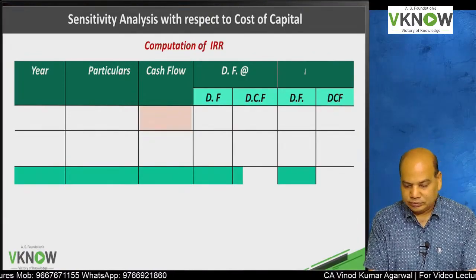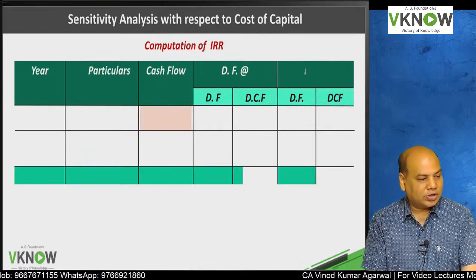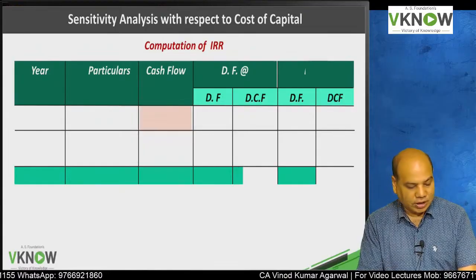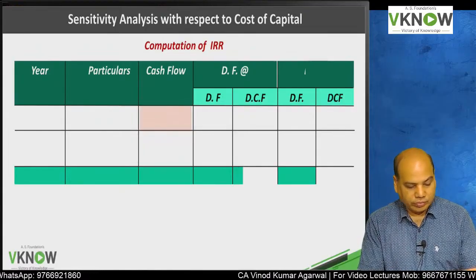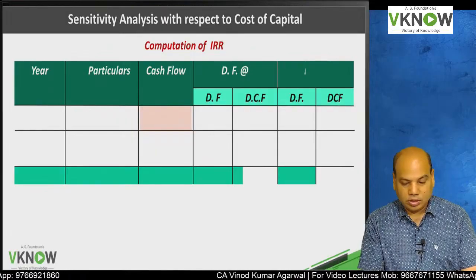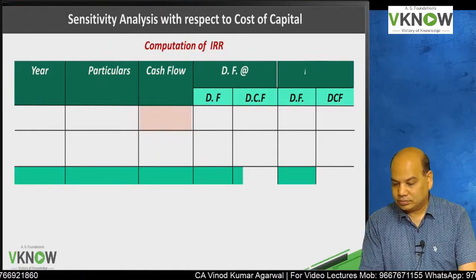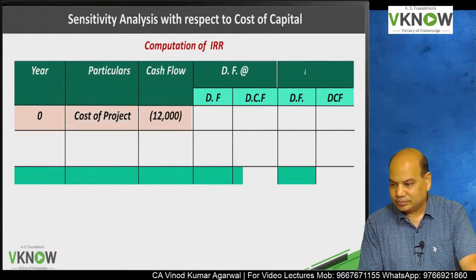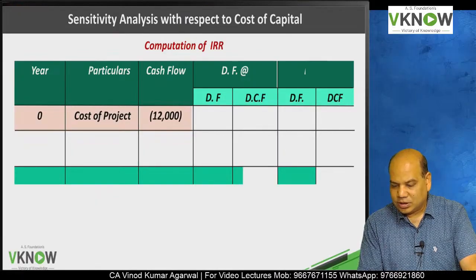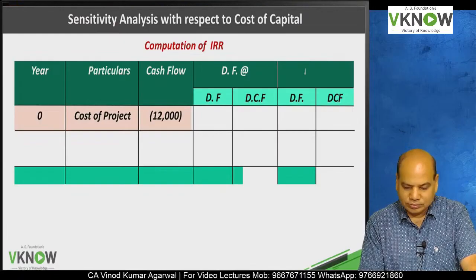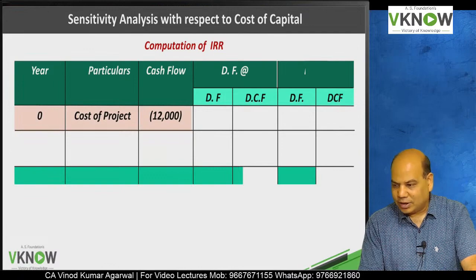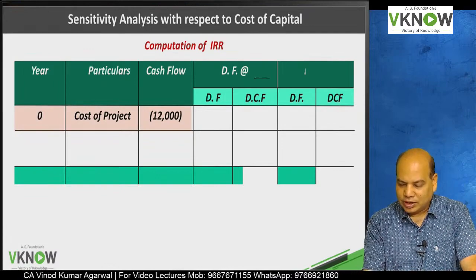Write down sensitivity analysis with respect to cost of capital. Under that write computation of IRR. Then draw this format for IRR calculation: year, particular, cash flow, discounting factor at the rate of, I will ask you the discount rate later.